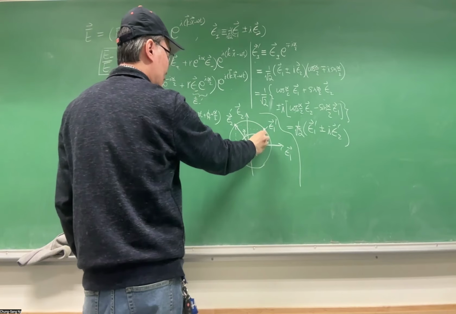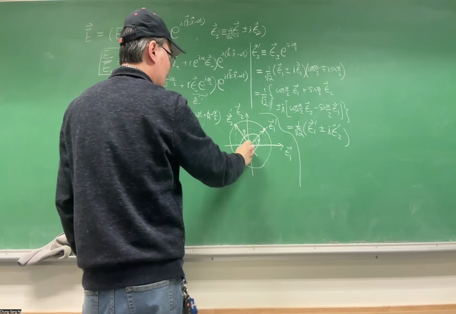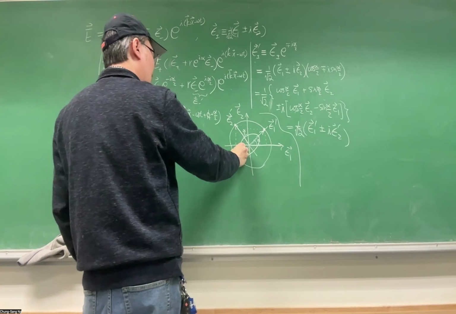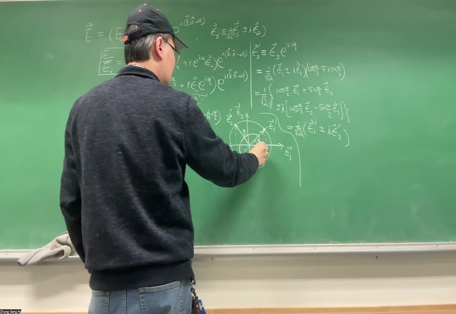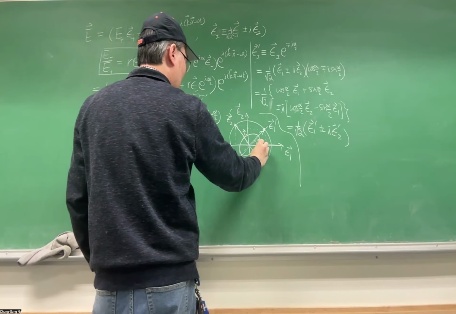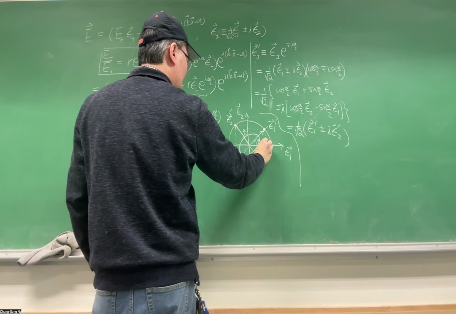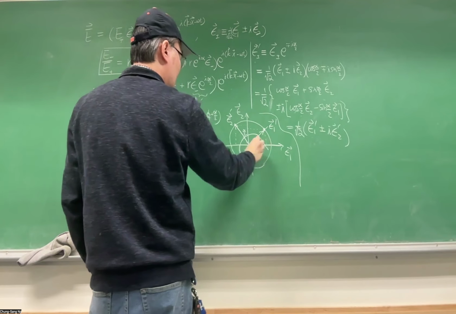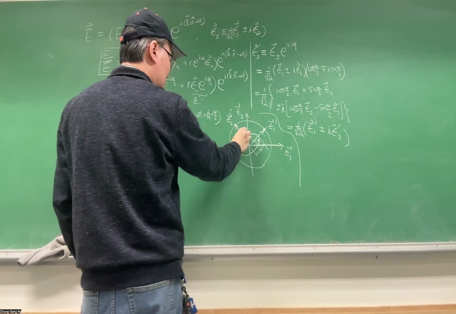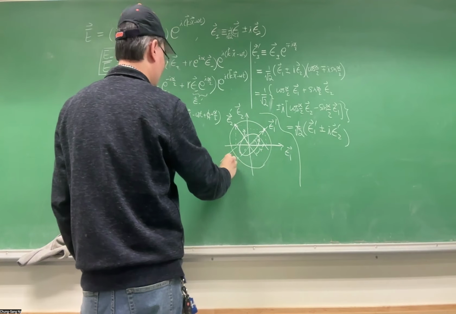So this is the ellipse, and the ratio between the lengths of the two axes: this is 1 plus r, like a proportion of 1 plus r along this axis, and along this axis, this length is proportional to 1 minus r.